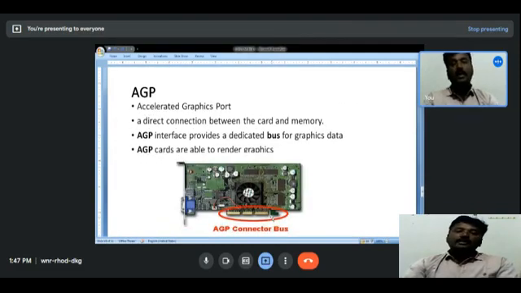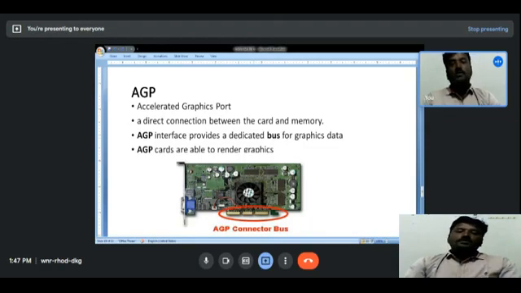Okay, next one is AGP, accelerated graphics port. It is nothing but a direct connection between the graphics card and the memory. AGP interface provides a dedicated bus for graphics data or animation data.